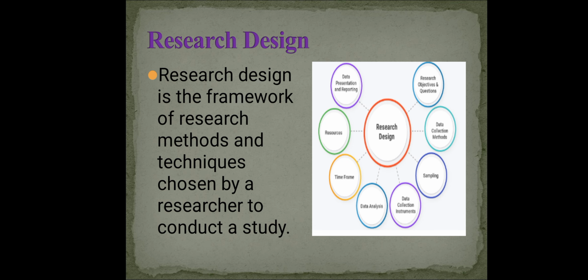Based upon these objectives and questions, the data collection method will be finalized, whether to go for primary data collection or secondary data collection. Based upon these questions, sampling sites will be decided, and from the sampling design, samples will be collected. Data collection instrument: he has to choose what sort of instrument to use for collecting the data.